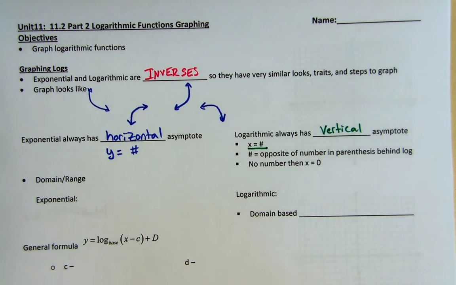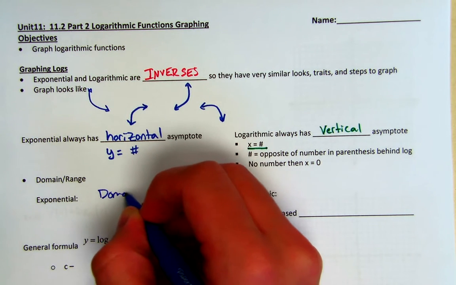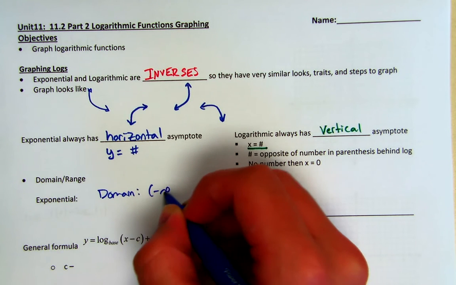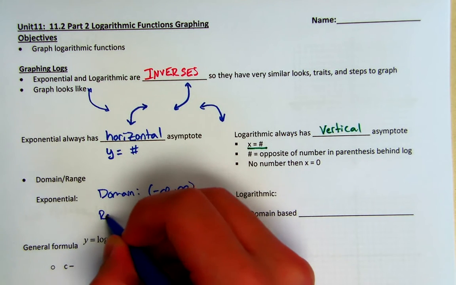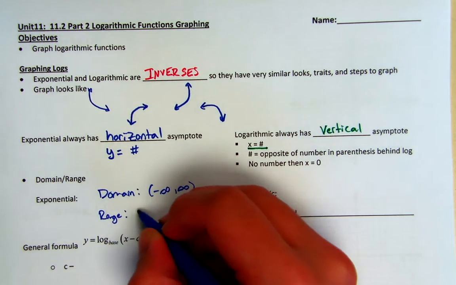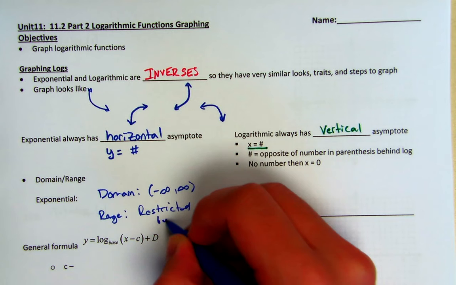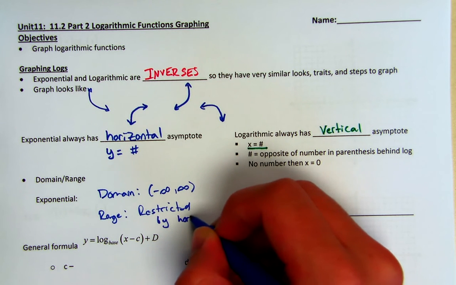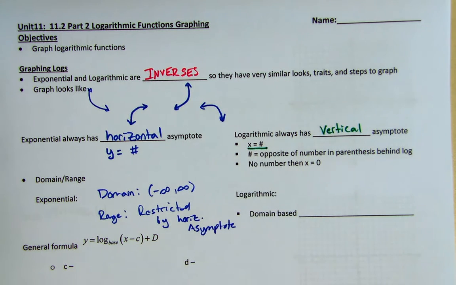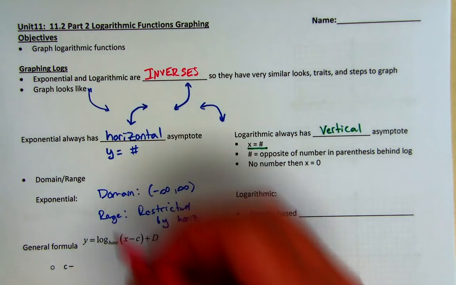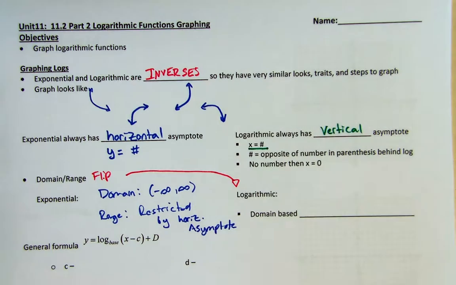Well, for domain and range, an exponential's domain was all reals. It was everything. But the range was restricted by the horizontal asymptote. So all you do is flip to get the domain and range of a logarithm.